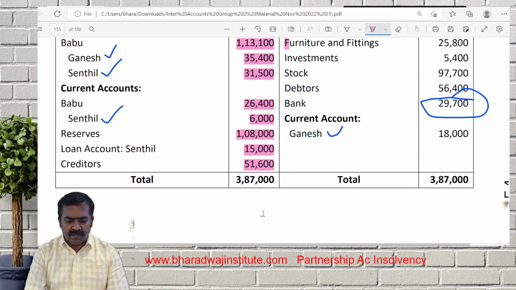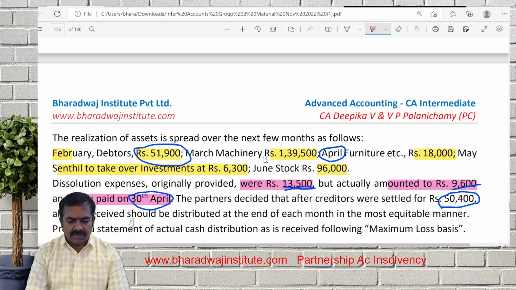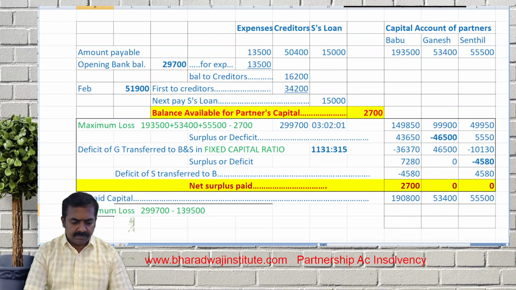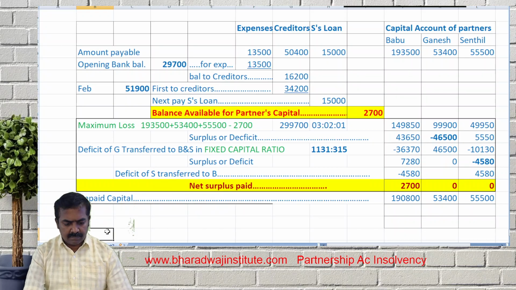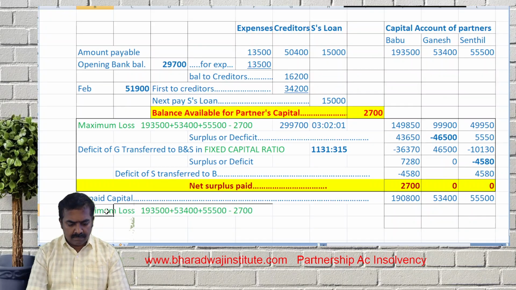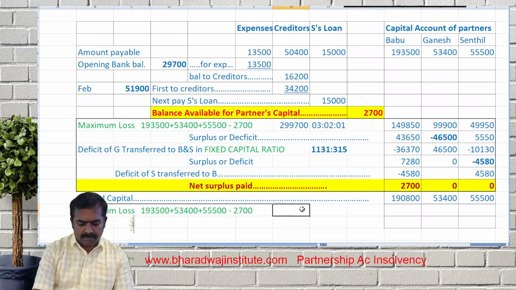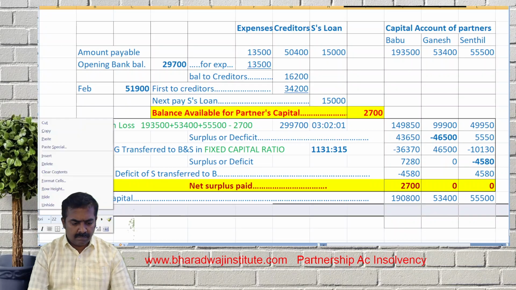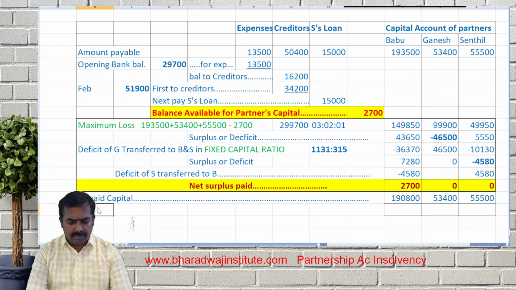Which month realization are we in? What happens in March? Machinery 139,500. How much have we released in March?